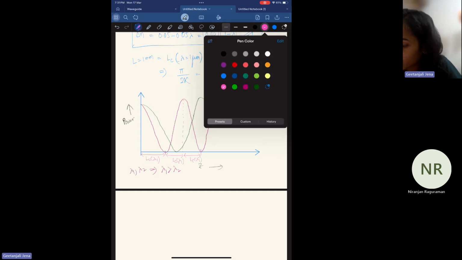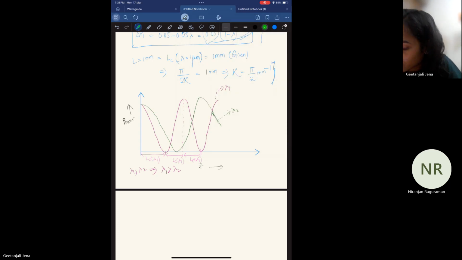And for lambda 2, the coupling length is from here to here. This is for lambda 2, and the second coupling length is here, LC lambda 2.